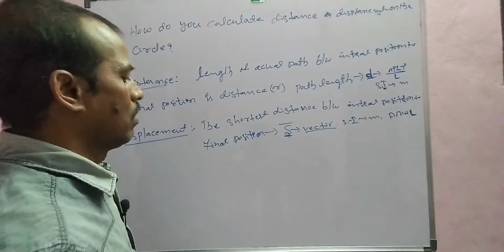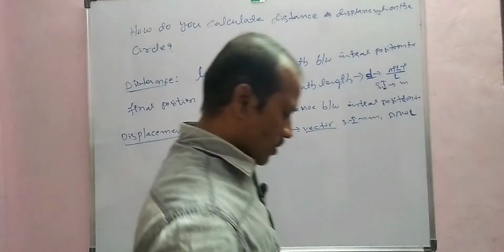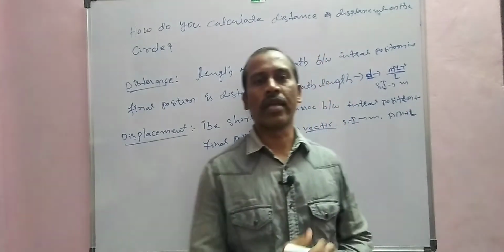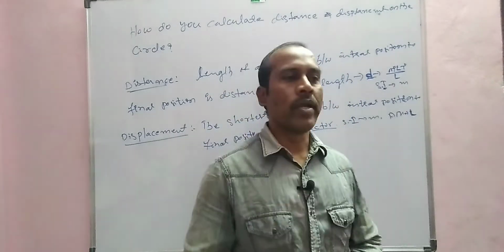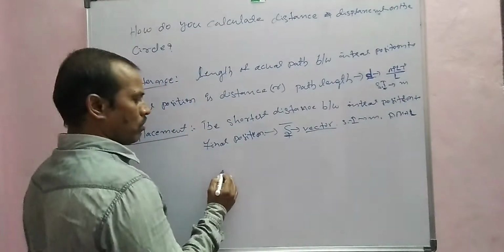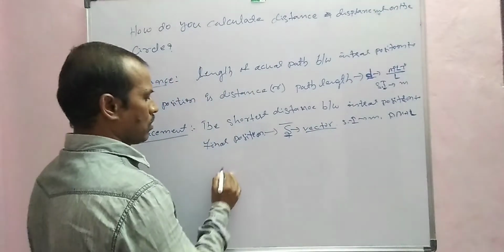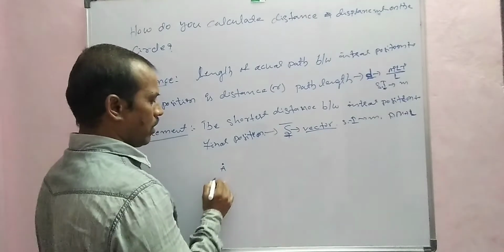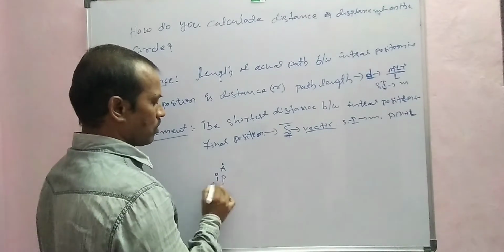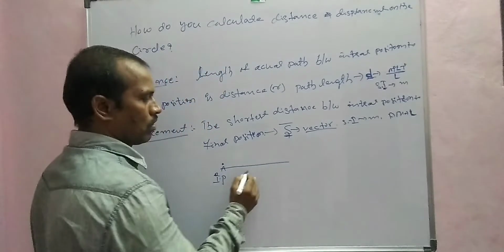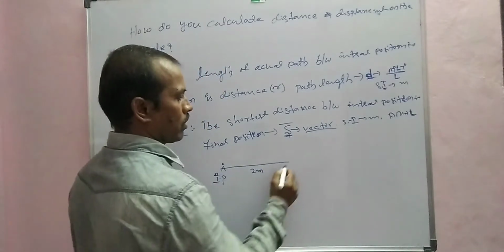Now, for example, a person moves along a straight line for 2 meters. Point A is the initial position and point B is the final position.